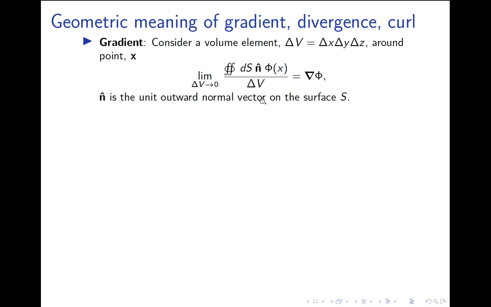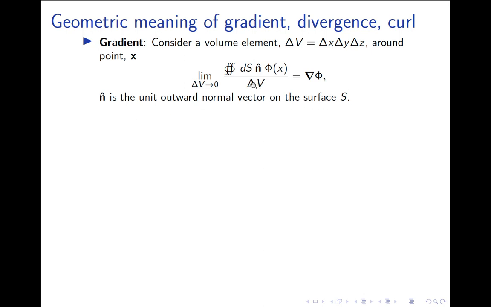Around location x, we had an infinitesimal cube, and this integral evaluated on the faces of the cube divided by the volume of the cube in the limit when the volume goes to 0, that is each of these lengths, dimensions of not a cube but a cuboid. When the dimensions of the cuboid individually go to 0, in that limit this surface integral divided by the volume gives you the gradient of the scalar. N hat here is the unit outward normal on the surface.